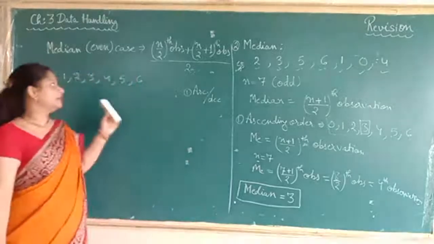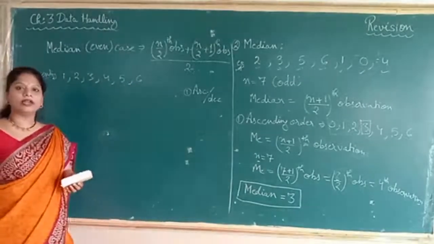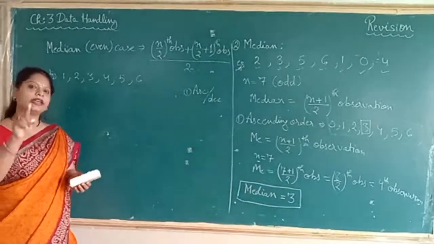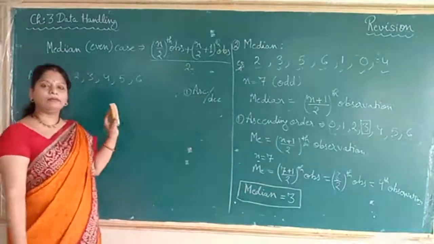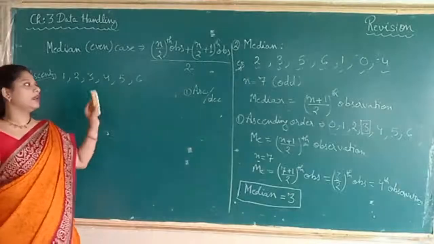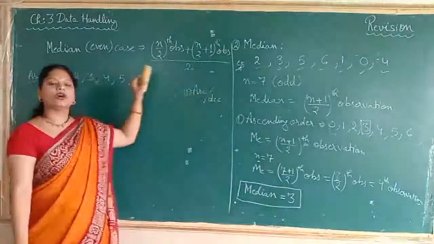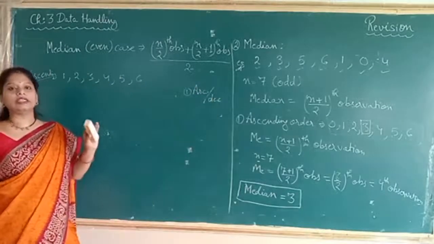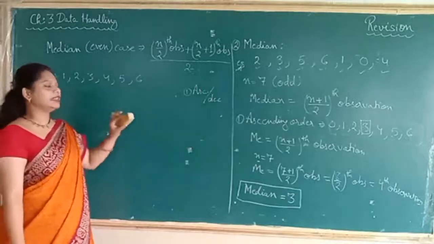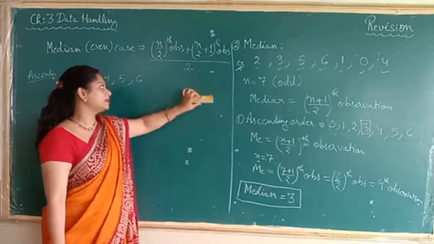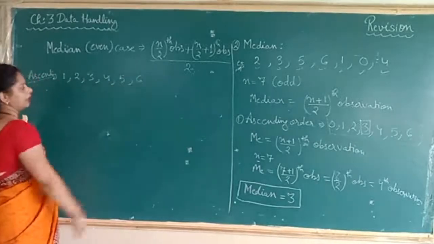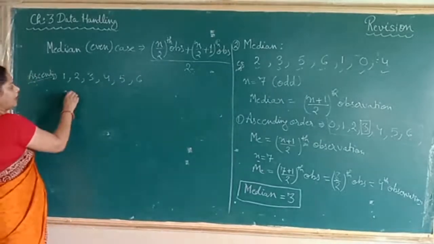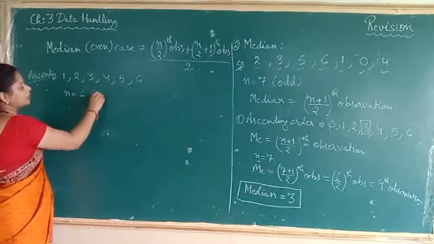Without arranging the series in ascending or descending order, your median will definitely be wrong. So the first step for finding the median in any series, whether odd or even, is to arrange it in ascending or descending order. Now I have arranged the series in ascending order and I know here n is 6, which is even.